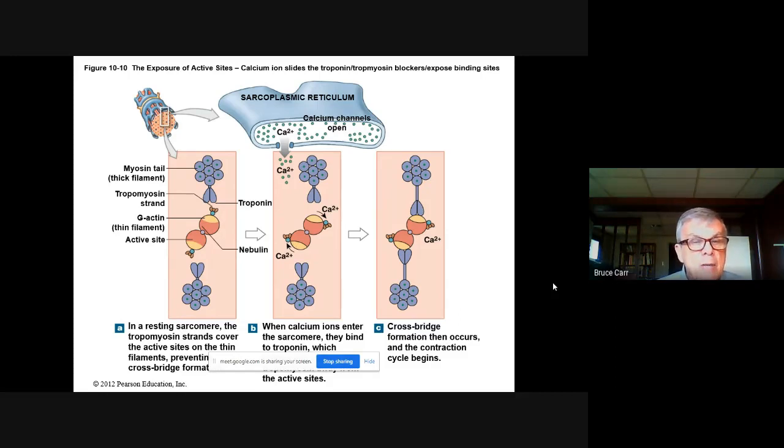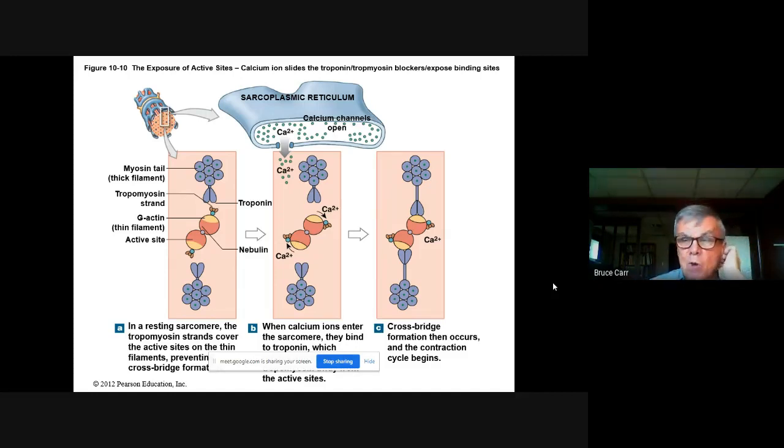You notice the separation of the end view of those two myosin strands and their surround of that central actin strand. You'll notice the tropomyosin on top of the yellow active site. So this is blocked. There's no way it can form a cross bridge.